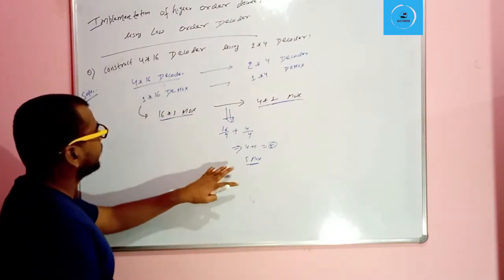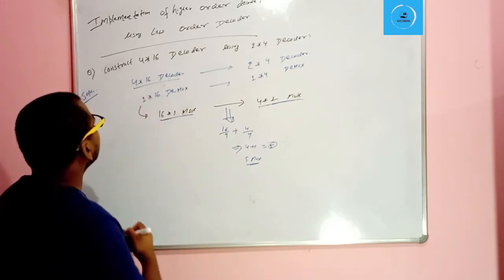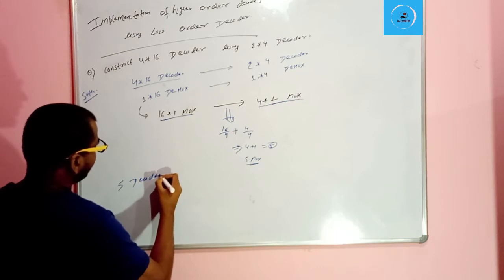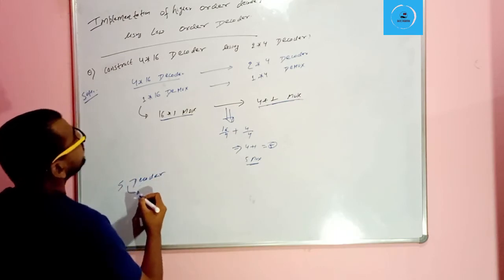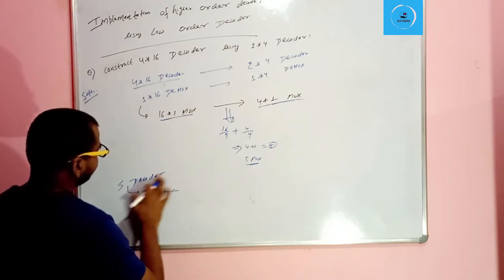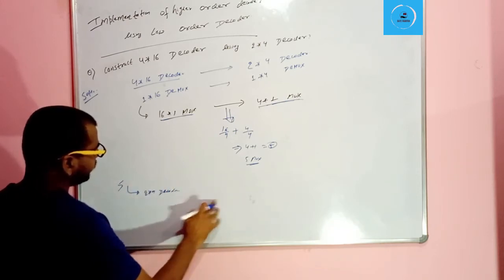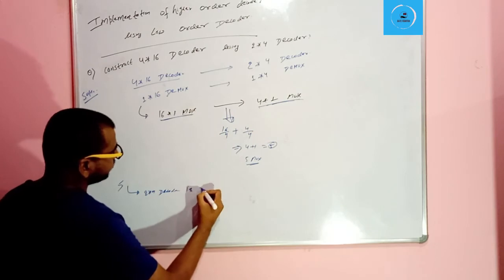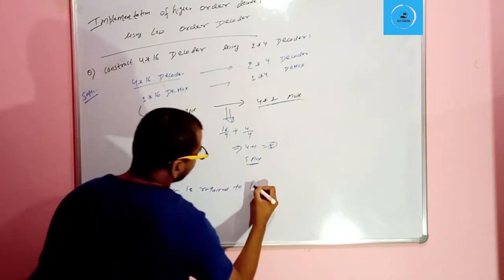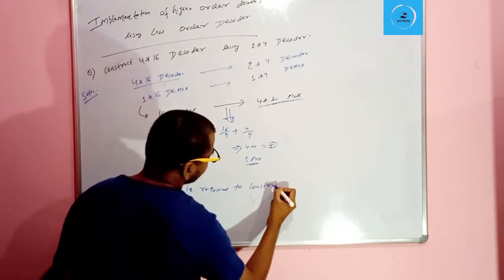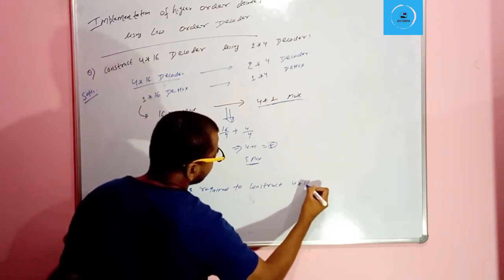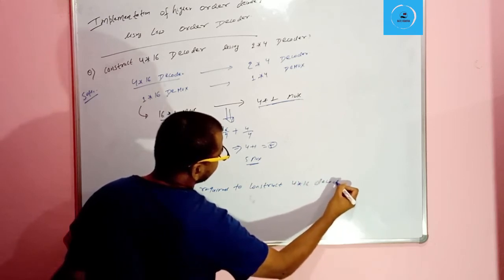In the same way, 5 2:4 decoders are required to construct the 4:16 decoder.